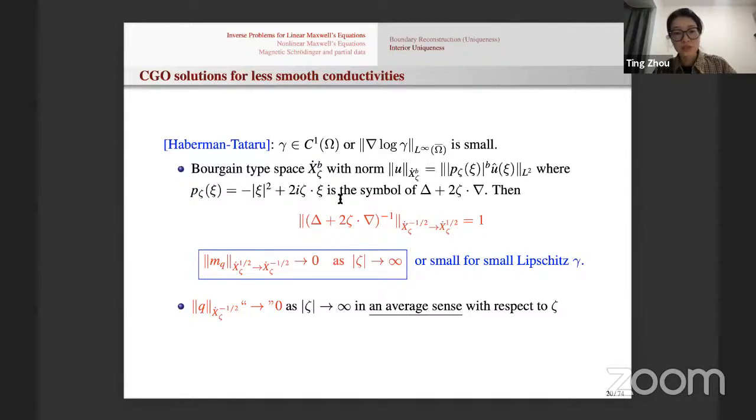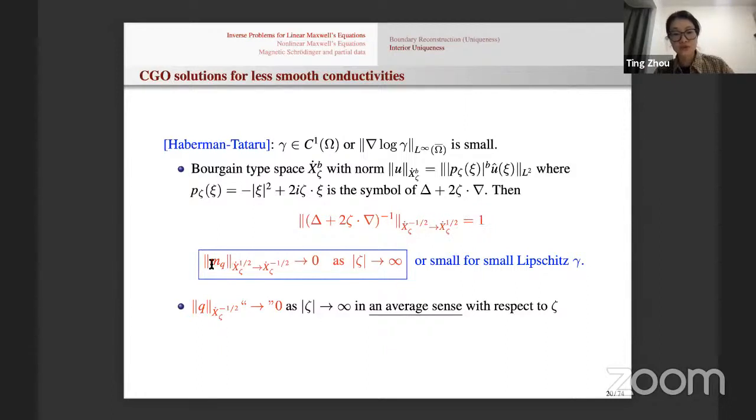What they did was to introduce this Bourgain type space, where p zeta, you can see here, is the symbol of this special conjugate operator. So they incorporate this symbol into the space. Naturally, the inverse of the conjugate operator in this Bourgain type space has operator norm 1.